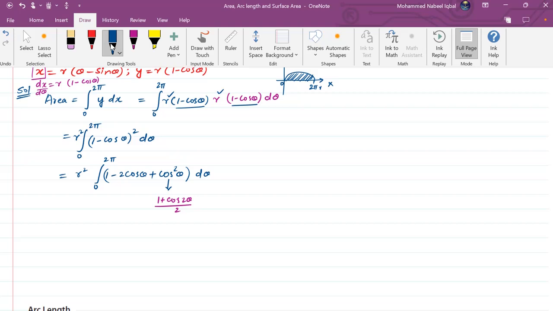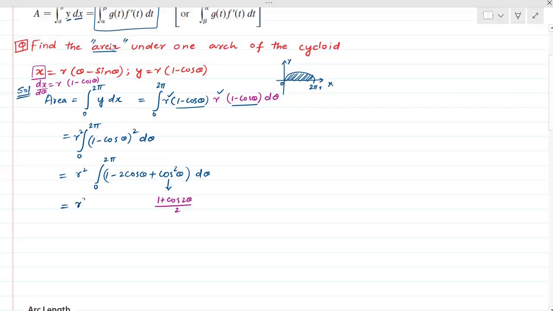Now I just write this part as it is. So you will get r square, integral 0 to 2 pi, 1 minus 2 cosine theta plus cosine square theta, into d theta. If you separate this one, you will get integral 0 to 2 pi. The first term is 1 minus 2 cosine theta, and here it is 1 plus cosine 2 theta over 2.